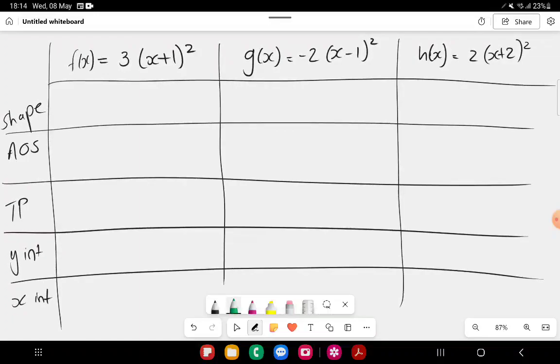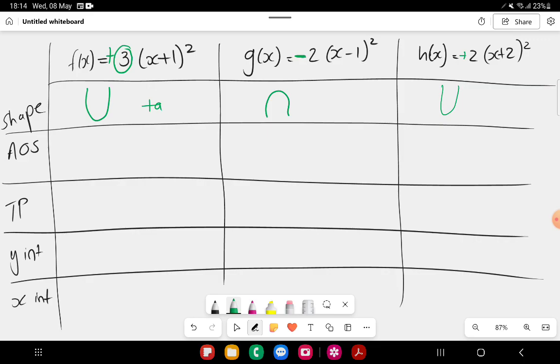If I look at f of x, this 3 is positive. Therefore, I'm going to have a smiley face because it's a positive a. On the g of x, this is a negative 2, which means frowny face. And the h of x, it is positive 2, so it's a smiley face.